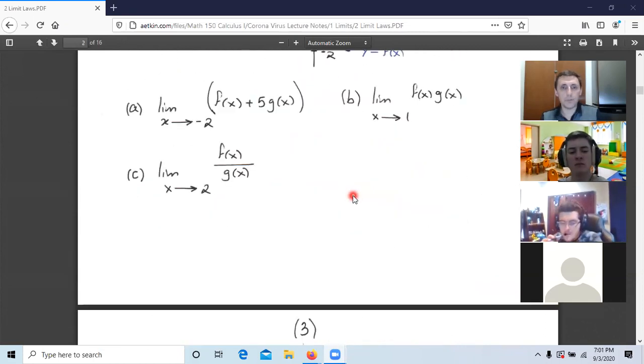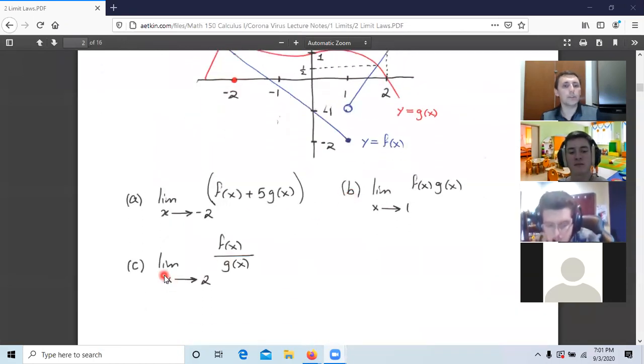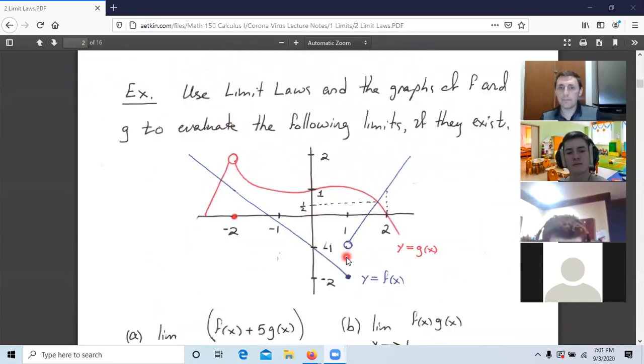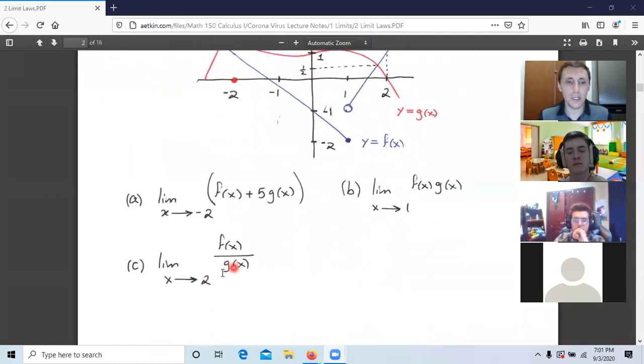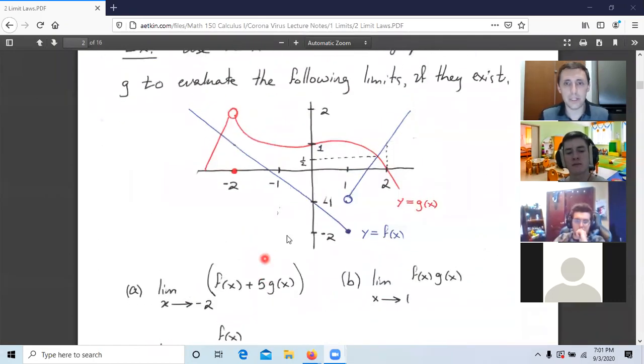Now, next question, hopefully you can figure it out. What happens as x goes to 2 of f divided by g? Here is the graph. I hope more of you will participate. So x goes to 2, f divided by g. Here is 2. What happens?